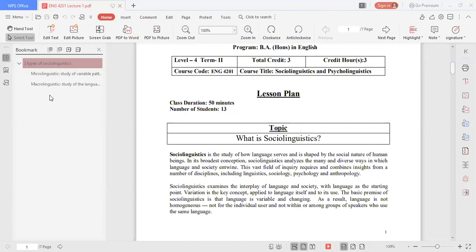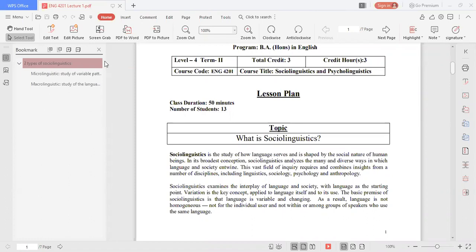Different societies maintain different languages. Okay, so it's about dialect. Language also depends on time. As time changes, language also changes and varies from one place to another place. That means space is important here.